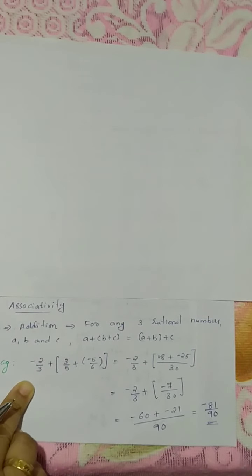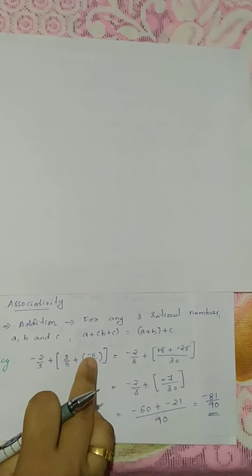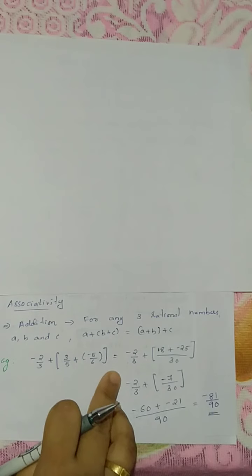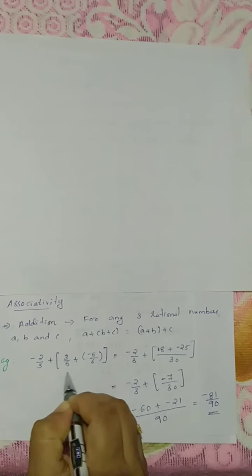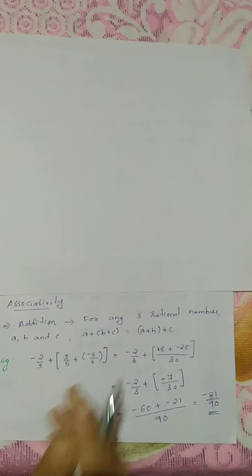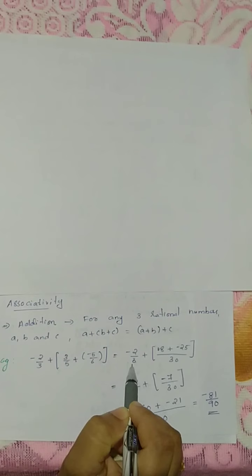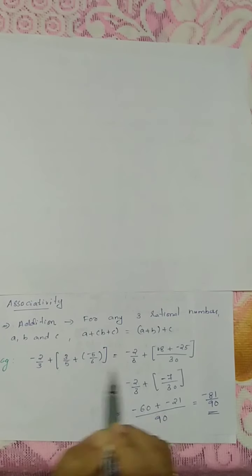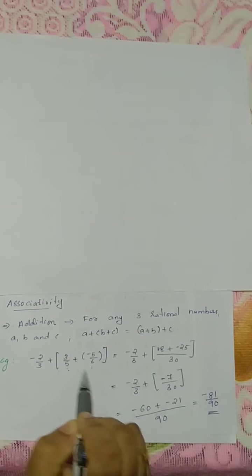(Minus 2 by 3 plus 3 by 5) plus minus 5 by 6 is equal to, first we have to add the terms which are in the bracket. So we write minus 2 by 3 plus, the denominators of these two terms are different, so we cross multiply.